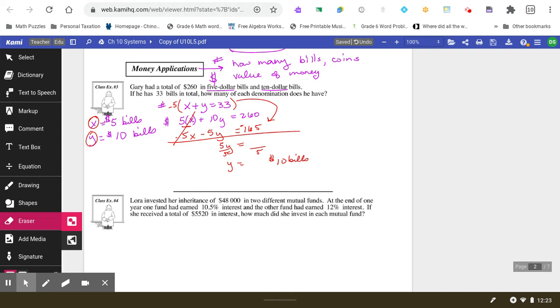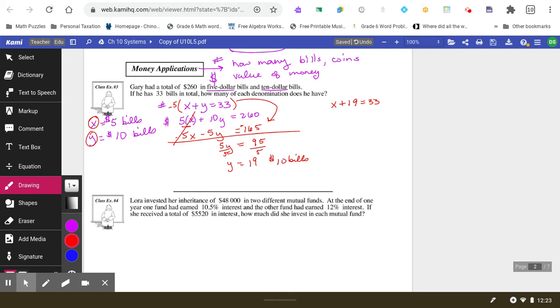95. And 95 divided by 5 is 19 $10 bills. So that accounts for 190 of our dollars. And then you have to put that back in. So we know that x plus 19 is 33.